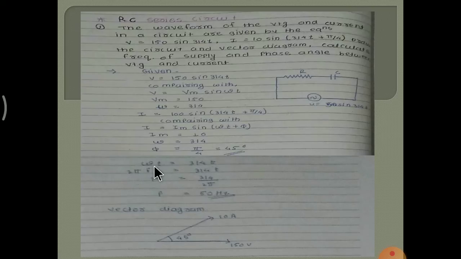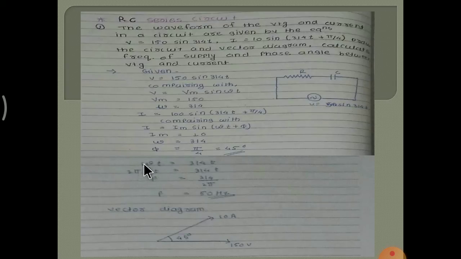After that, omega t is equal to 314 t. This is the value of omega, 314. T gets cancelled, or keep it as it is, no problem. Omega is equal to 2 pi f.